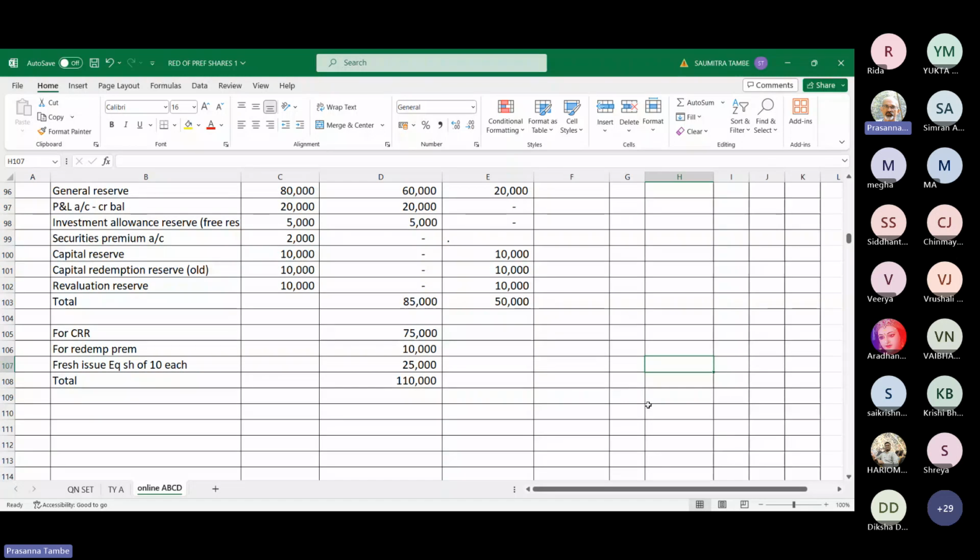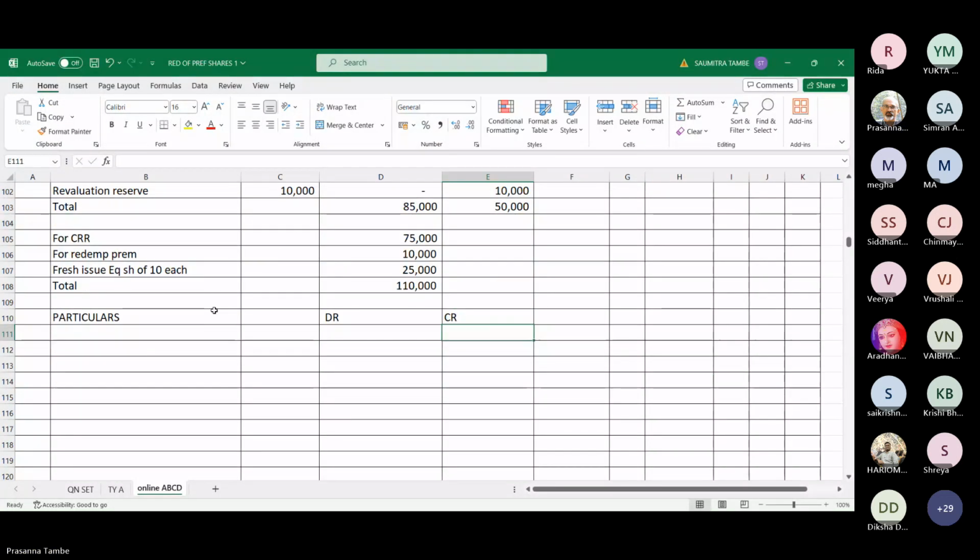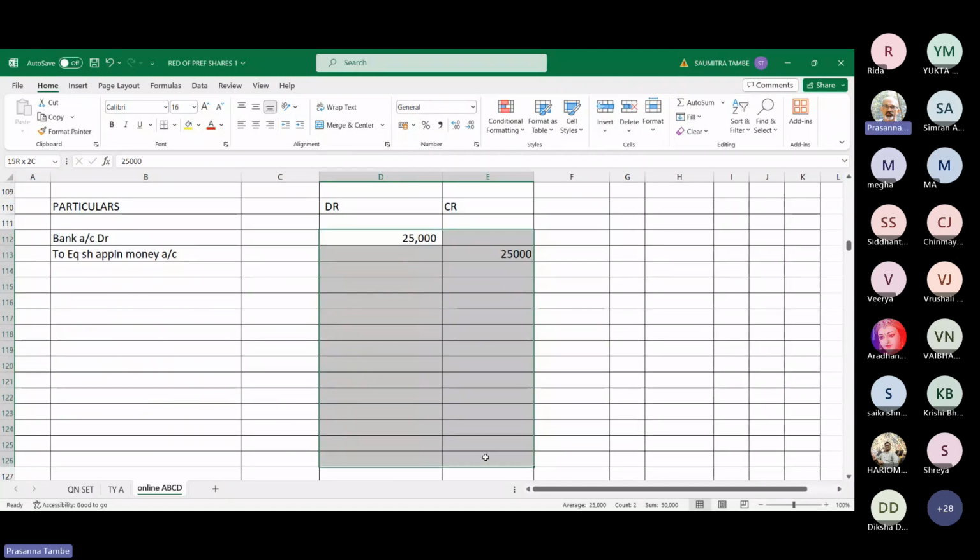My first entry will be bank account debit to equity share application money account. The amount is 25,000. Bank account debit to equity share application money account. We are issuing 2,500 shares of 10 each for cash. Then there is an allotment of these shares.